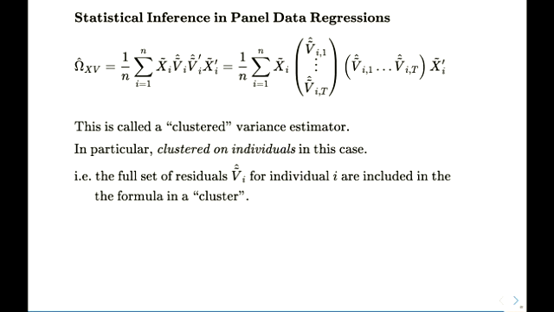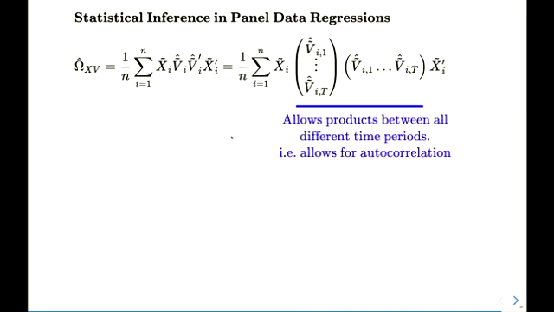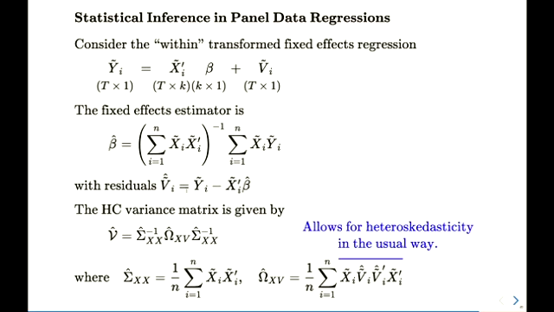Now, there's language for this in the panel data field, which is called clustering the standard errors, or clustering the variances. What that word refers to is the fact that in this case we're clustering on the individuals, meaning for each individual we cluster together all of the observations into one cluster, or one vector.